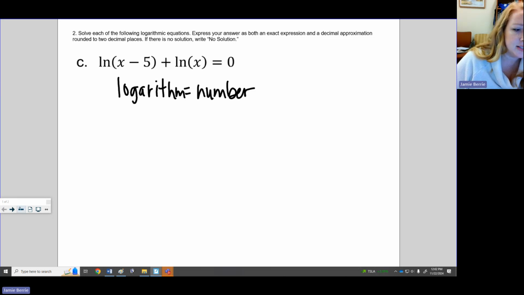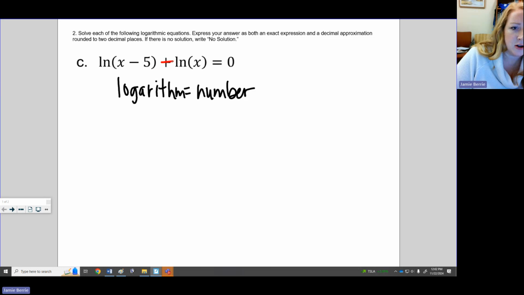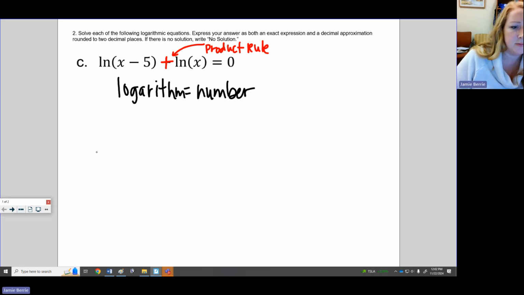We need to condense the left-hand side so that it's one logarithm. Right now, these logarithms are separated with a plus, which tells us we're going to use product rule to condense those down into a single logarithm. So that's going to be natural log of x minus 5 times x equals 0.